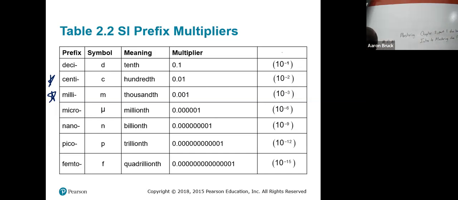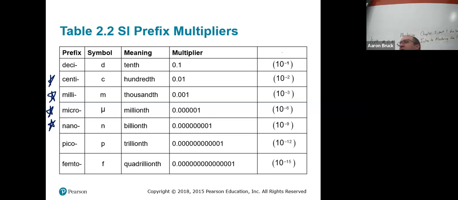Pico and femto, we'll see these occasionally when we start talking about things on the atomic scale. Pico and femto become a lot more useful in those kinds of discussions. But for the most part, most of where we live is really in this part of the scale.